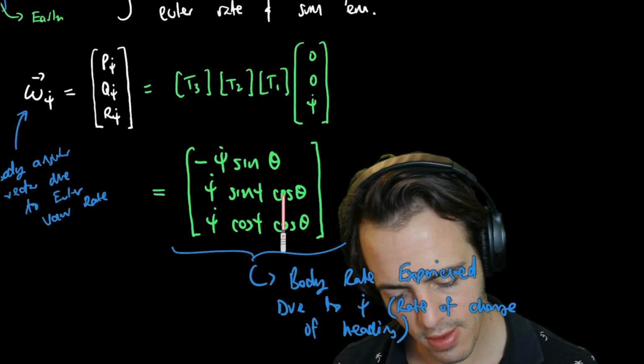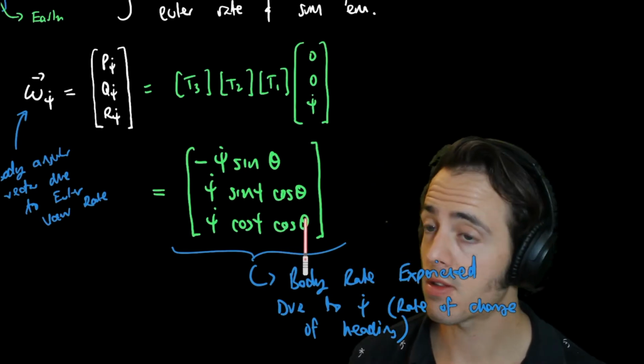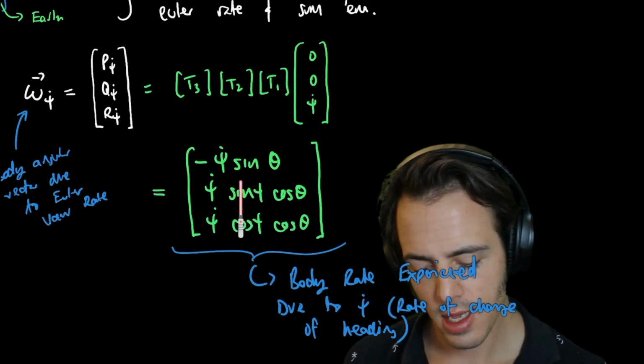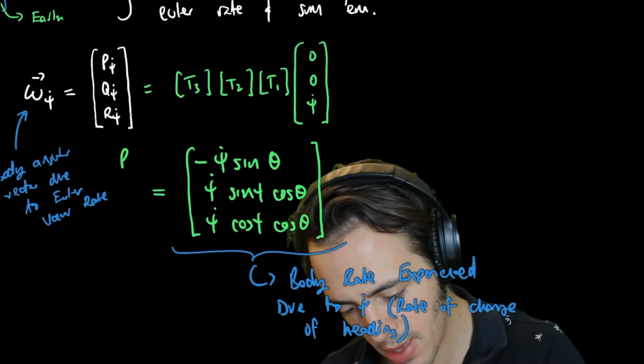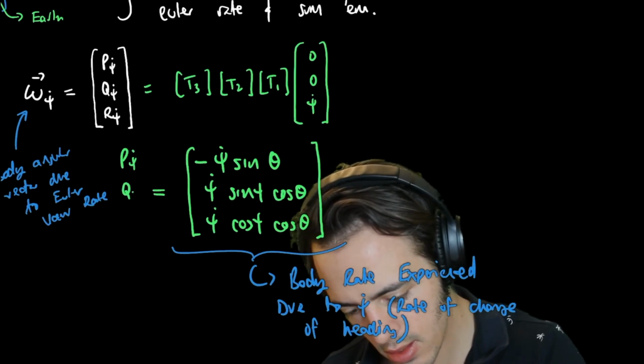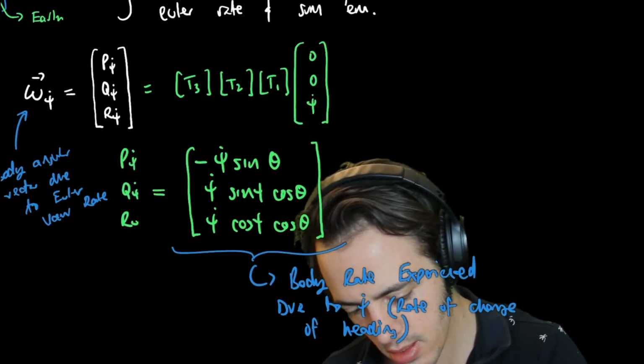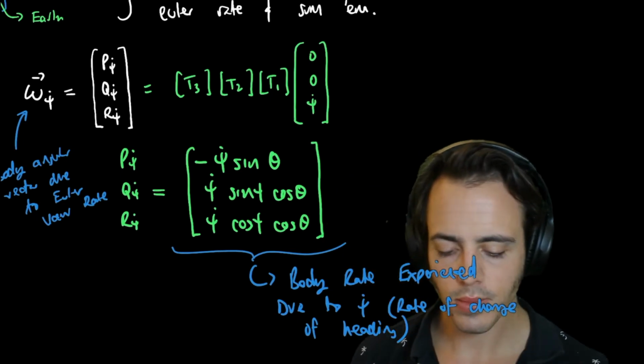So let's say these cosine theta just gives us 1 in both cases. Then we're going to think about the other two terms as indices. So let's just repeat this line down here. We've got P psi dot, Q psi dot, and R psi dot here.